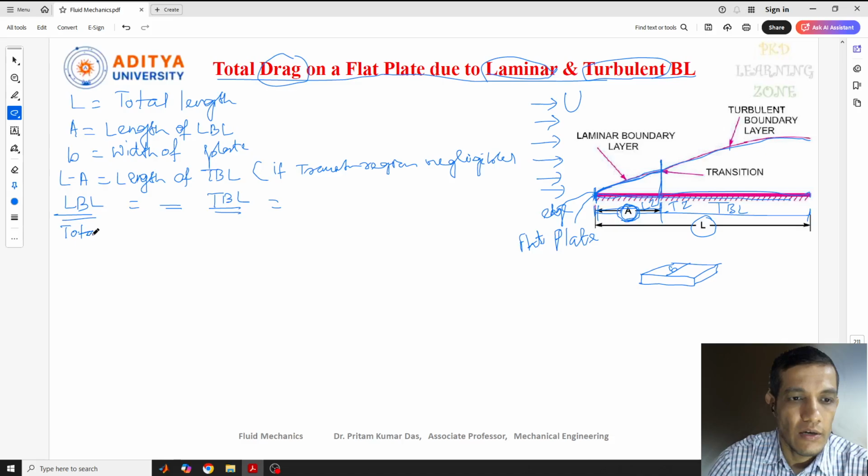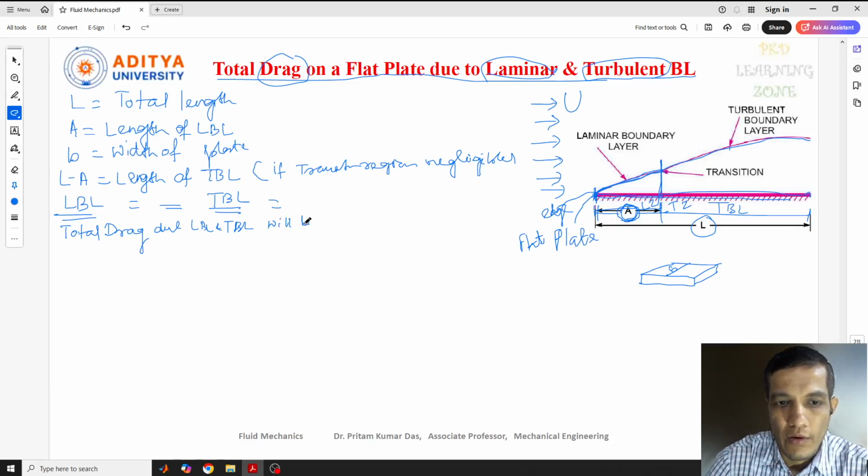The total drag on the plate due to the laminar and turbulent boundary layer will be calculated.